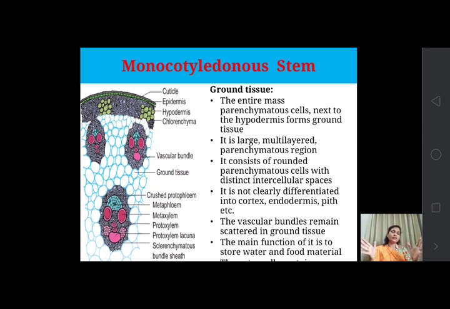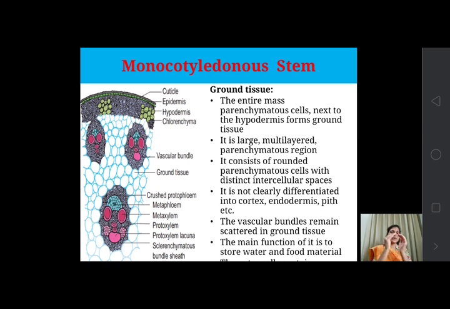So this ground tissue is present everywhere, they spread everywhere. Okay, so this is the main characteristic of the maize stem. So you can easily identify a maize plant by seeing this type of structure. So these vascular bundles remain scattered in the ground tissue.